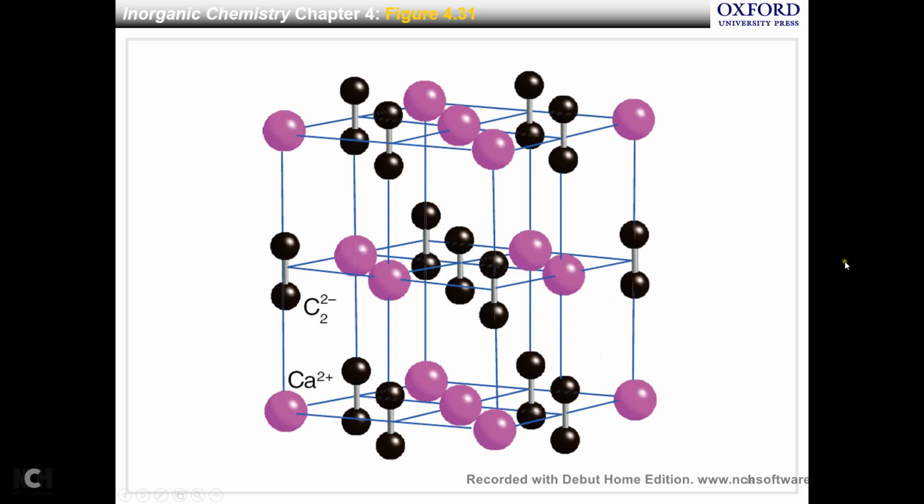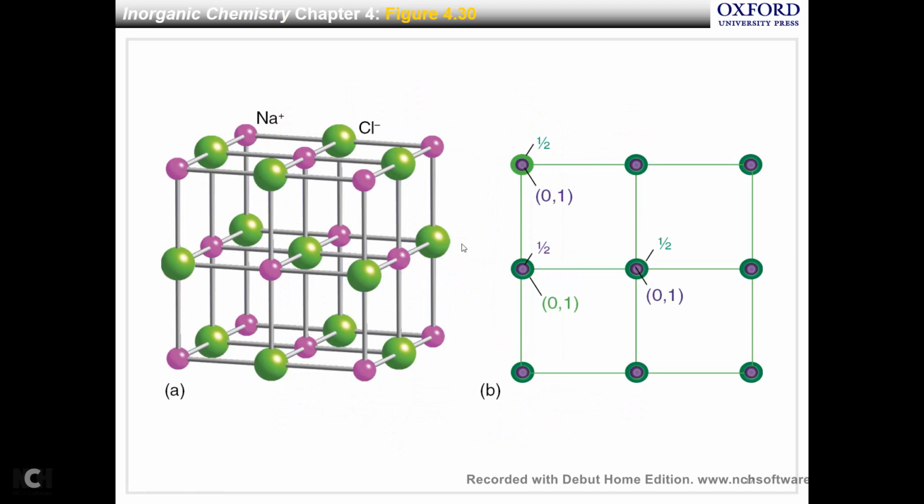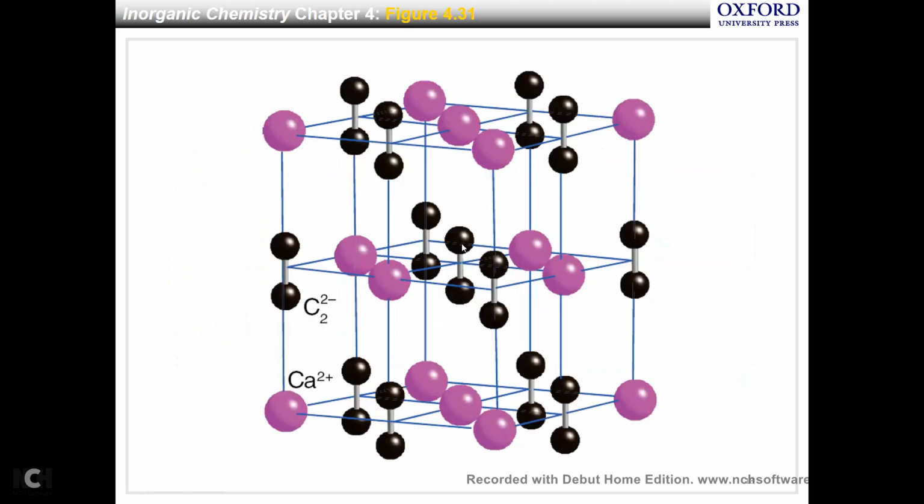Again, each anion, this is one anion, is surrounded by 1, 2, 3, 4, 5, 6 cations. And each cation is surrounded by 1, 2, 3, 4, 5, and another one on the opposite side to this one, 6 cations. So this sodium chloride structure and this calcium C2 structure, they are both rock salt structure.